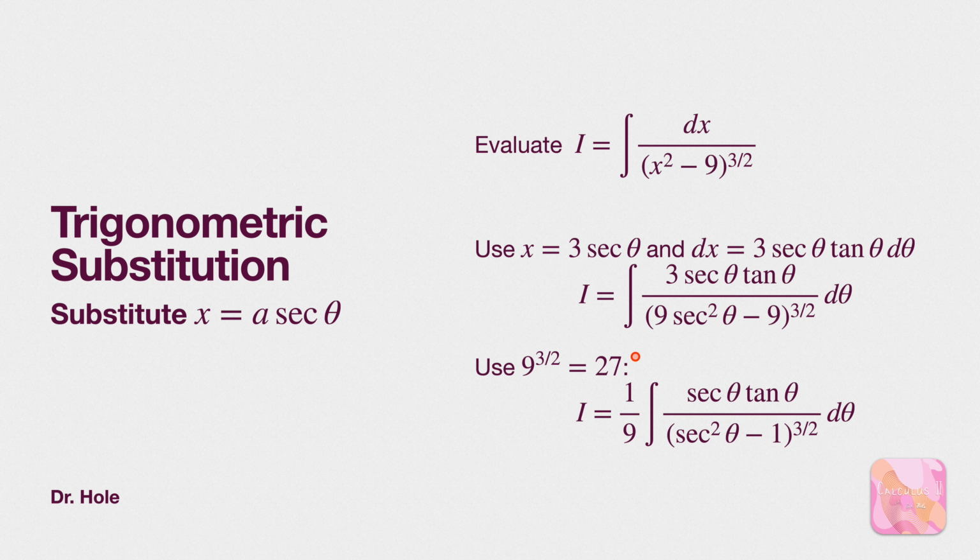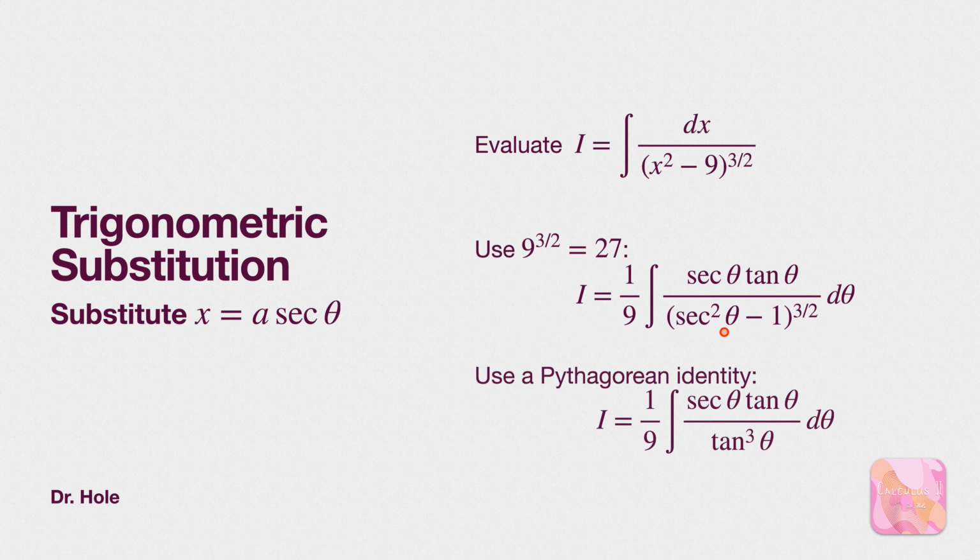And then 3 over 27 is 1/9. Now let's do the Pythagorean identity in the difference form. Secant squared theta minus 1 is tan squared. And tan squared raised to the 3/2: 2 times a half is 1, leaving us with a power of 3.